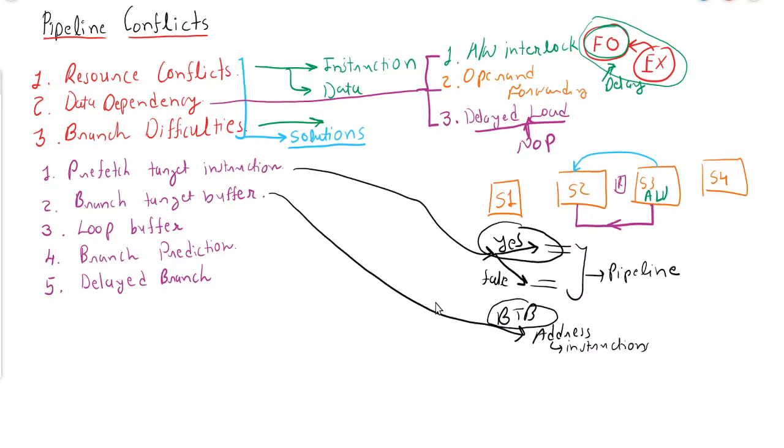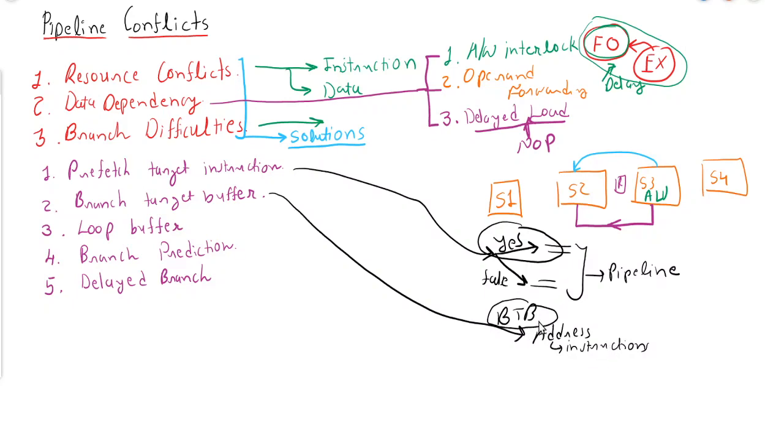Let's say one condition is executed 5 to 6 times. Then the location of that condition and a few instructions of that condition will be stored in the branch target buffer.